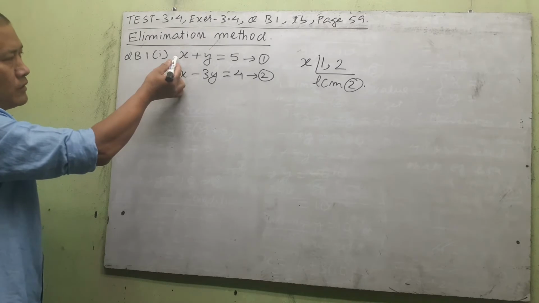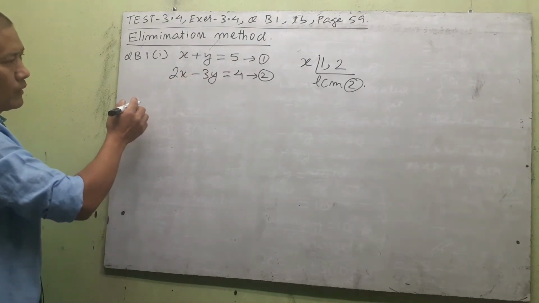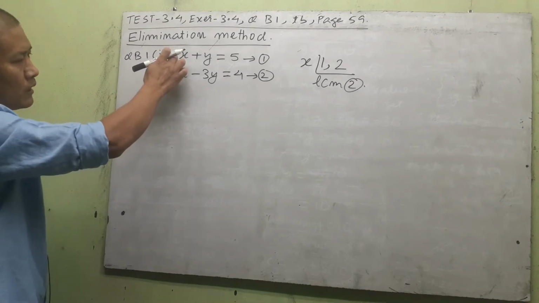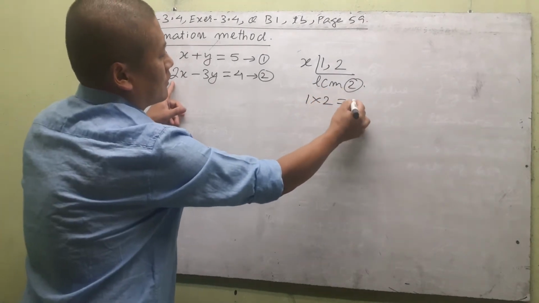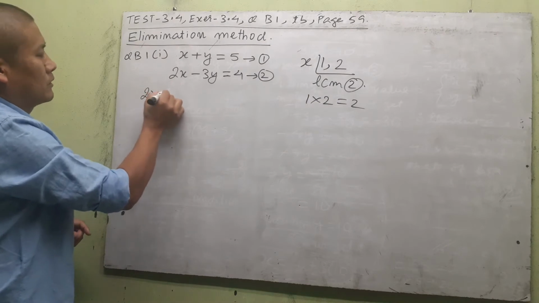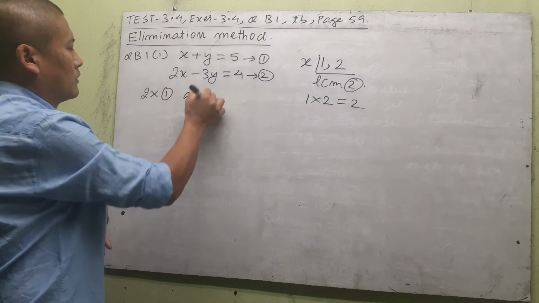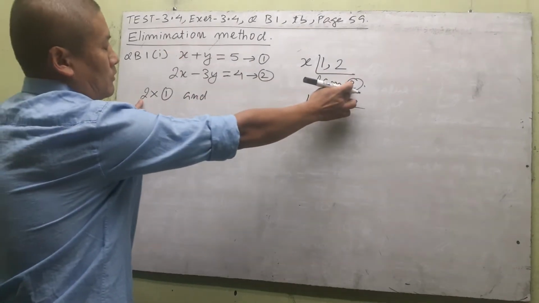You take this coefficient, and you write 2 multiplies equation 1, like that. 2 times 1 is 2, the LCM. So 2 multiplied with equation 1.